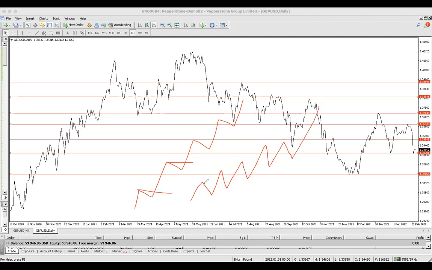It passes the area, goes back, and comes back to touch the area, right? Price will come here, reverse, touch support, pass it, go back. Yeah, price will always move like that.